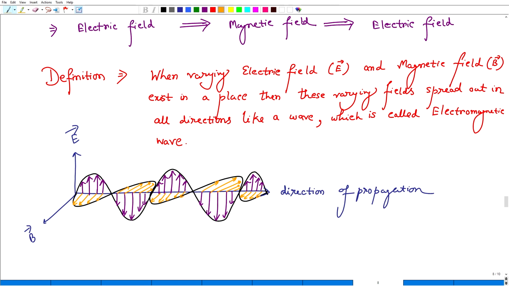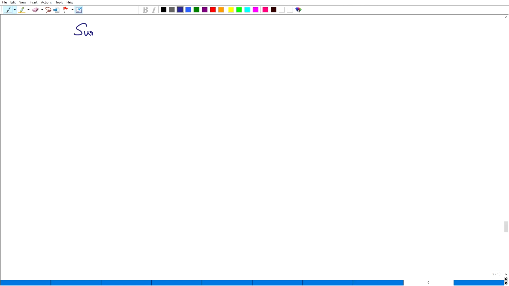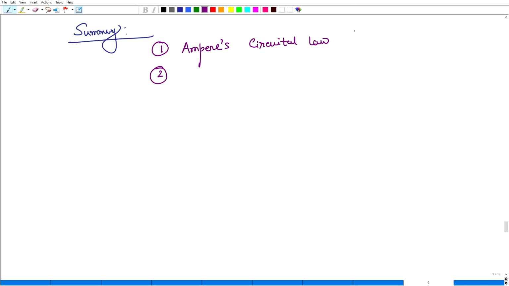Okay, let me summarize today's class. First, in today's class we discussed Ampere's circuital law, then the path or line integral.